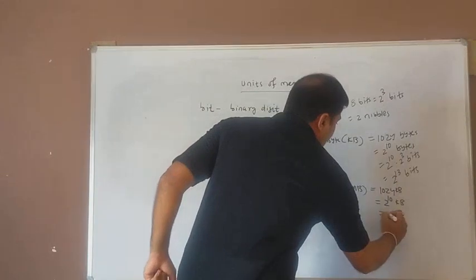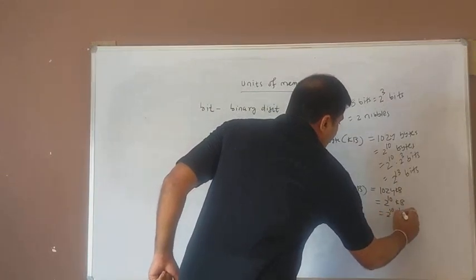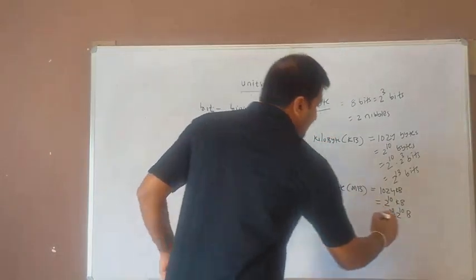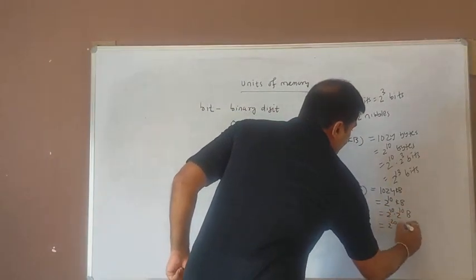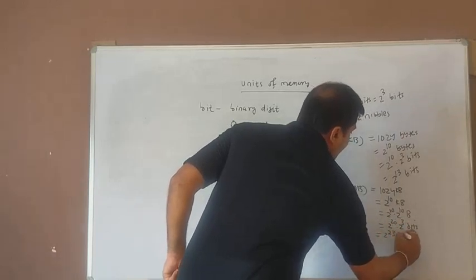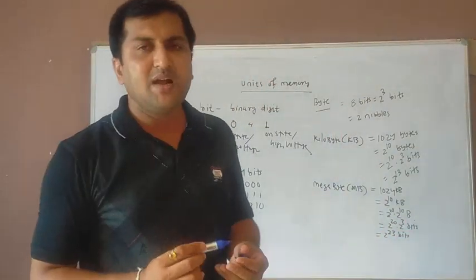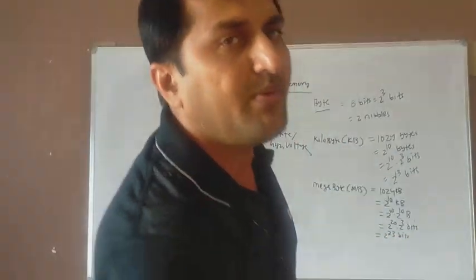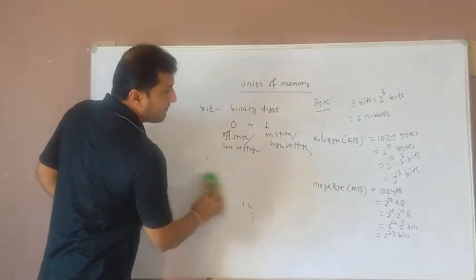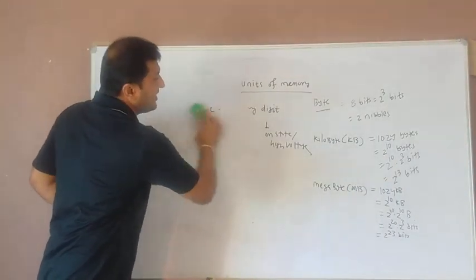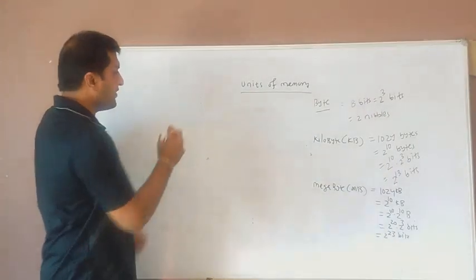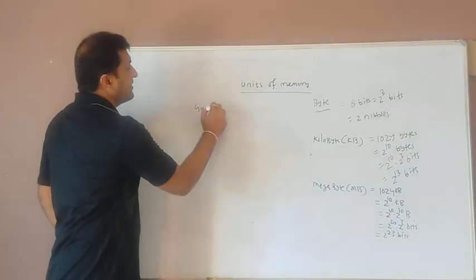So it is equal to 2 to the power 10 into 2 to the power 10 bytes. 1 byte equals 2 to the power 3 bits. 2 to the power 20 into 2 to the power 3 bits equals 2 to the power 23 bits. So 1 megabyte is equal to 2 to the power 23 bits or 2 to the power 20 bytes.